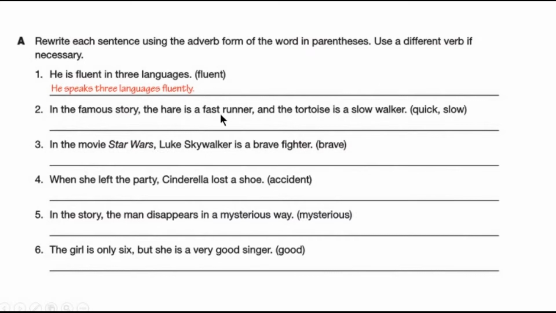The hare runs quickly. The tortoise walks slowly. Walker is the person, so you need a verb, because adverbs of manner describe the action.